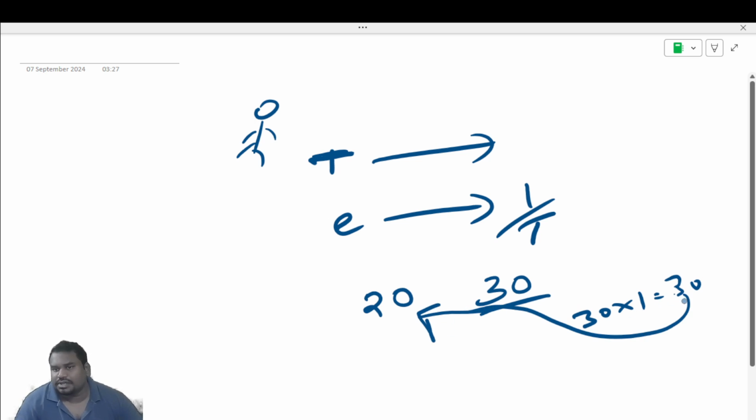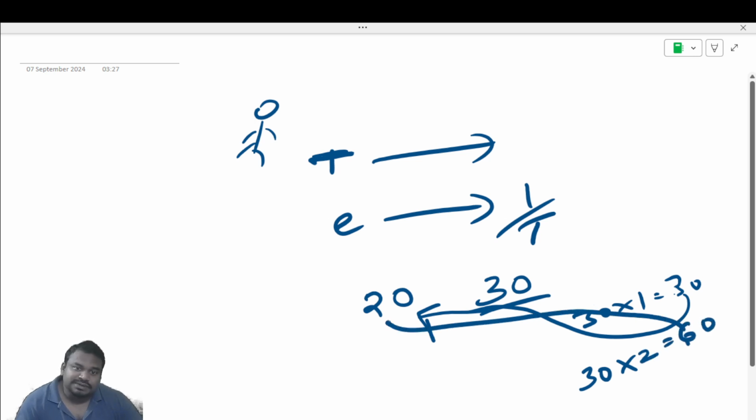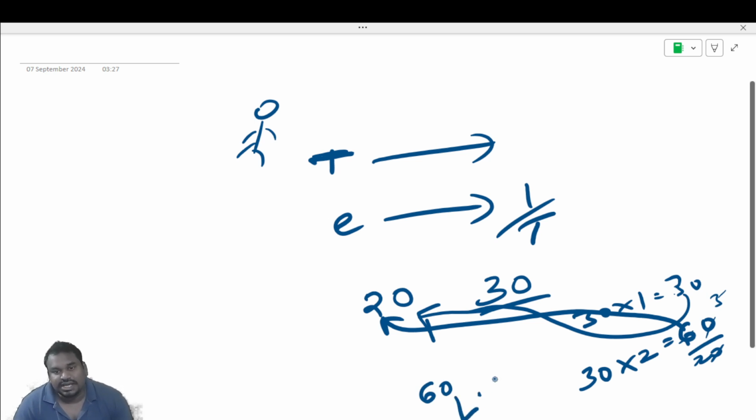No. Then I'll go for 30 multiplied by 2. It is 60. 60 will be divisible by 20, three times. So it means 60 is the least common multiple, or you can say the LCM, of both the numbers 20 and 30.